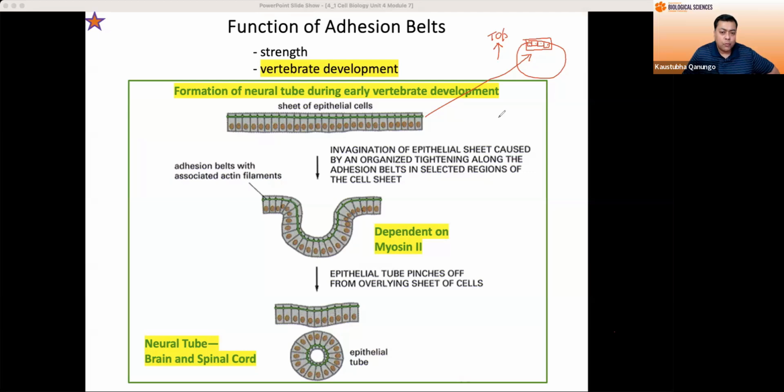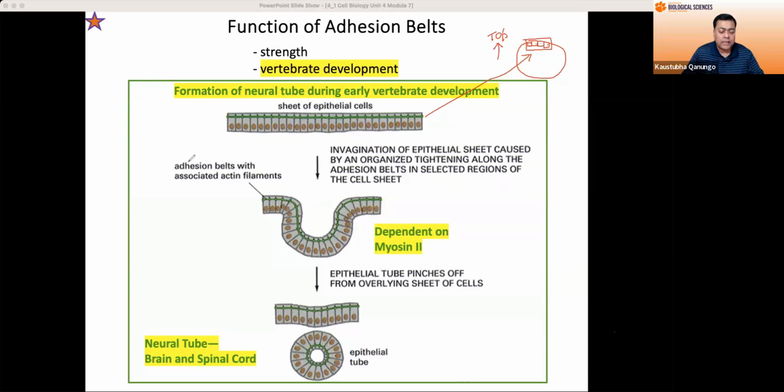So what happens is that when an appropriate developmental signal is received, these motor proteins, the myosin 2s, actually move and tighten this up. So in one area, the adhesion belt becomes tightened up.